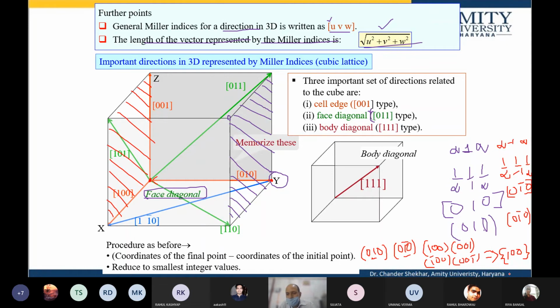That means this plane represents all the planes. So in a simple cubic, all the planes that are at unit distance from the origin along x, y and z direction can all be represented by this single Miller indices for the family of planes.